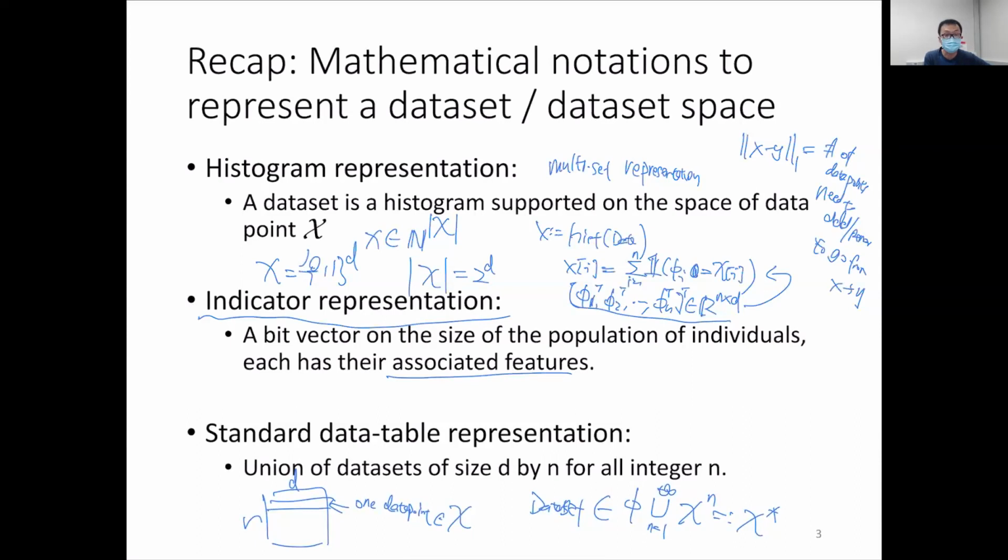So in this representation, when you talk about queries, they sometimes depend on those associated features. So we will not be dealing with this indicator representation that much. Let's focus on the standard data table representation and the histogram or multi-set representation of the data set.